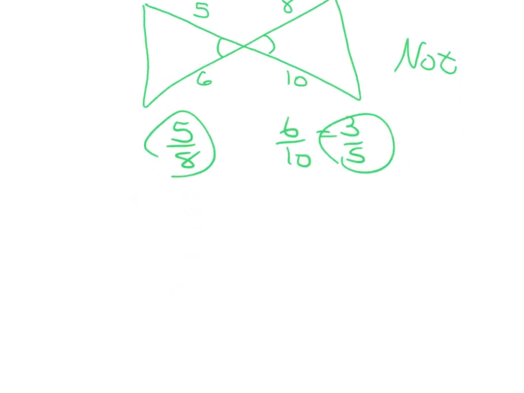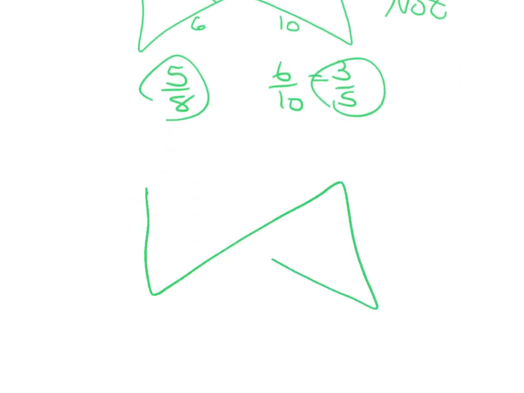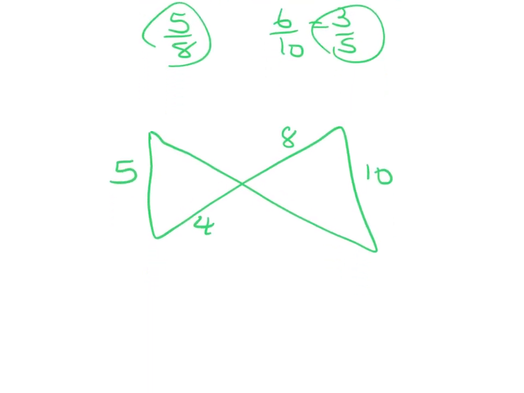Now let's try another one. Same bow tie. 5, 10, 4, 8. Can I prove that these are similar? Okay, what would be my shortcut? Let's check it out. Where's the angle that you're going to use? The vertical angle. Now, what do we know about the angle when it's side angle side? Where does it have to be? In between the sides.